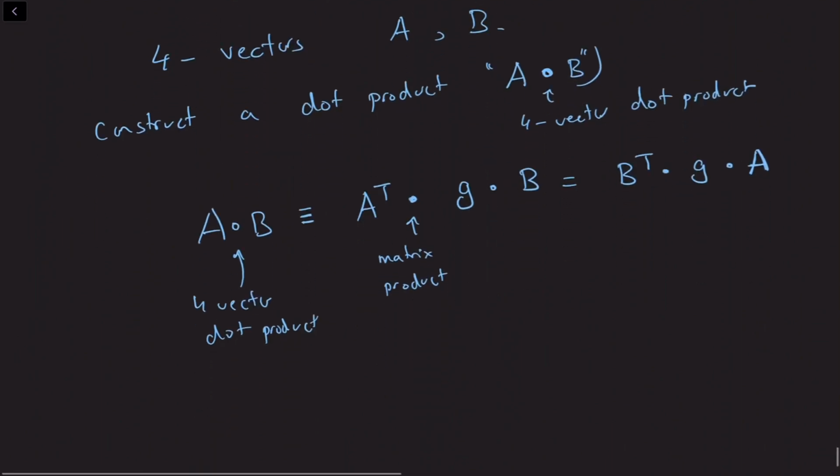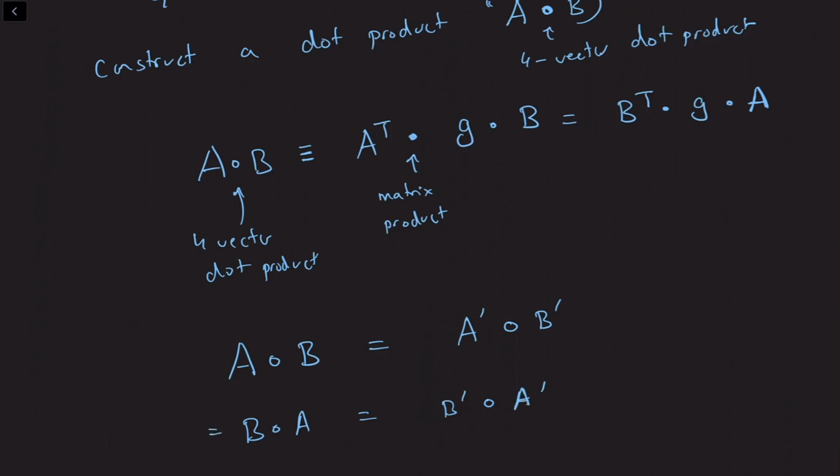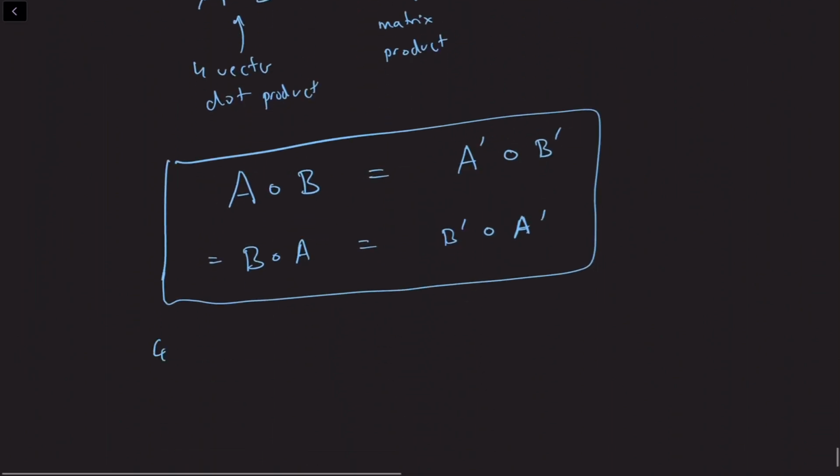And now the point is that this four vector dot product is the same no matter which frame you calculate it in. That is, A circle B will be the same as A prime circle B prime, which is also the same as B circle A and B prime circle A prime. So four vector dot products are Lorentz invariant quantities.